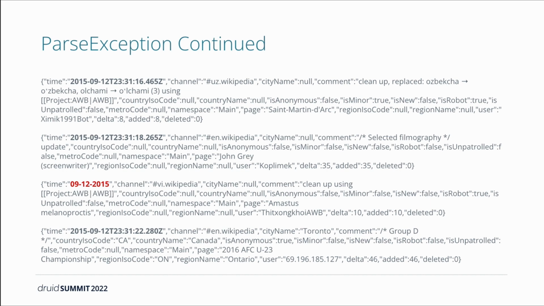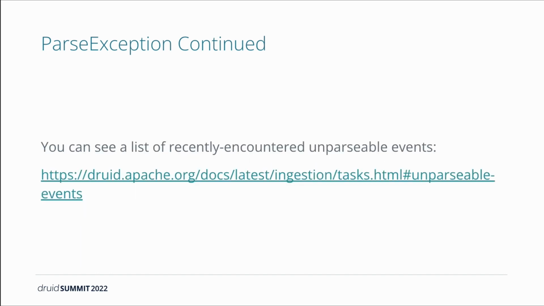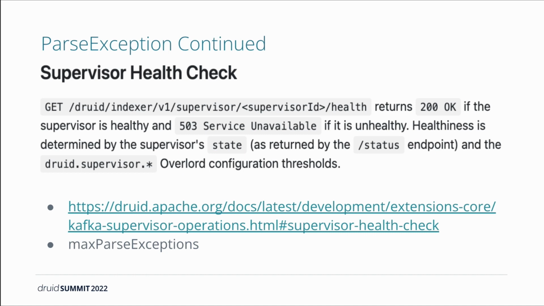So, what to do about this? Maybe some prevention. Keep an eye on your unparsable events. But if you end up seeing the parse exception, there are a couple of things to do.